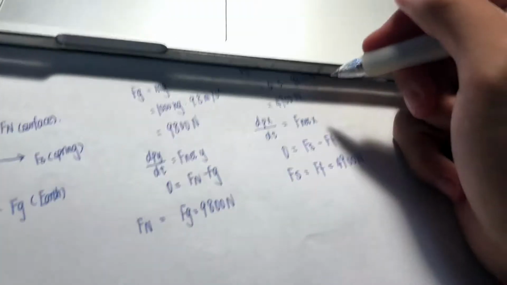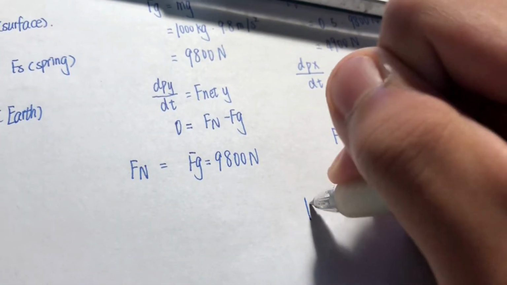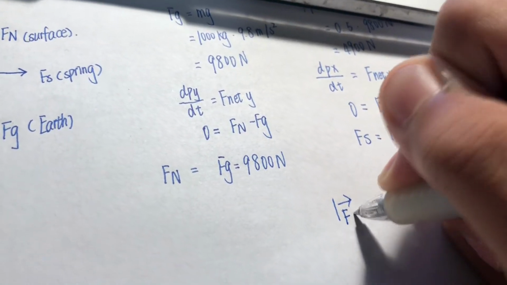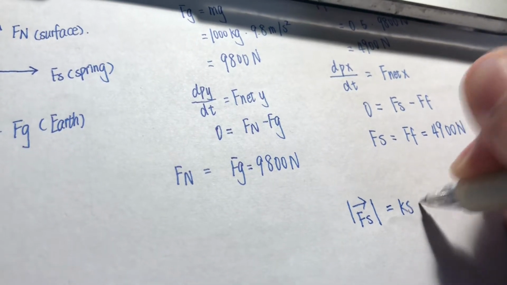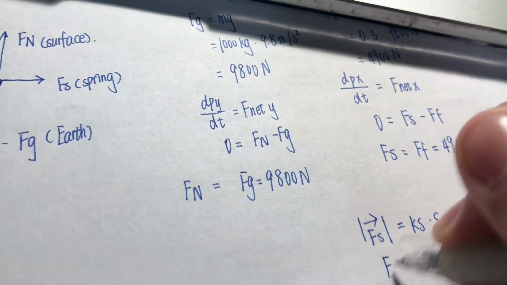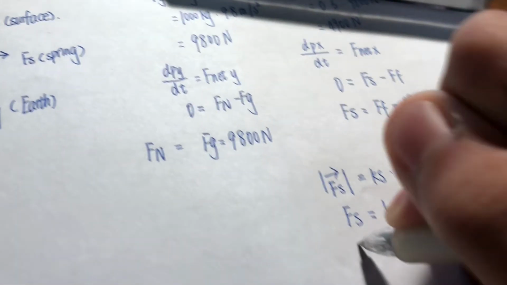And then we need to calculate the length of the spring, for which we use this formula: the magnitude of Fs equals ks times s.